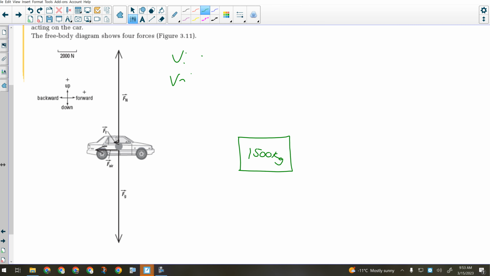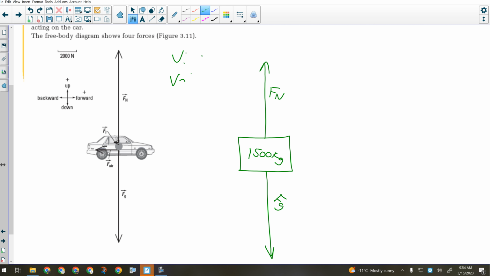Okay? There's going to be the force of gravity. There's going to be the normal force. That's the force of the road pushing back against gravity. These 2 forces are what? Equal. Okay? All right, and in this case they'd be equal, as long as the road is level. Right? If it was inclined or something like that, then they wouldn't be equal.